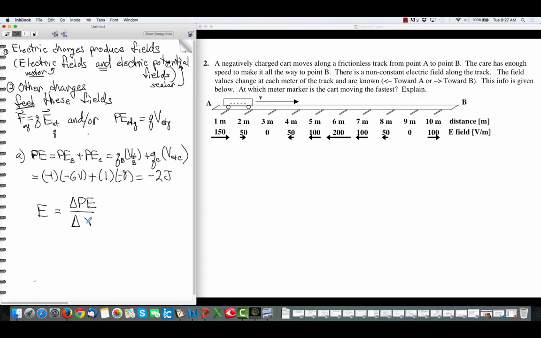Delta X, horizontal distance. The magnitude of the electric field tells you it's equal to the gradient. I'll just put magnitudes everywhere. Let's make everything positive right now and not worry about the sign. The magnitude of the electric field is equal to the gradient of the potential energy.